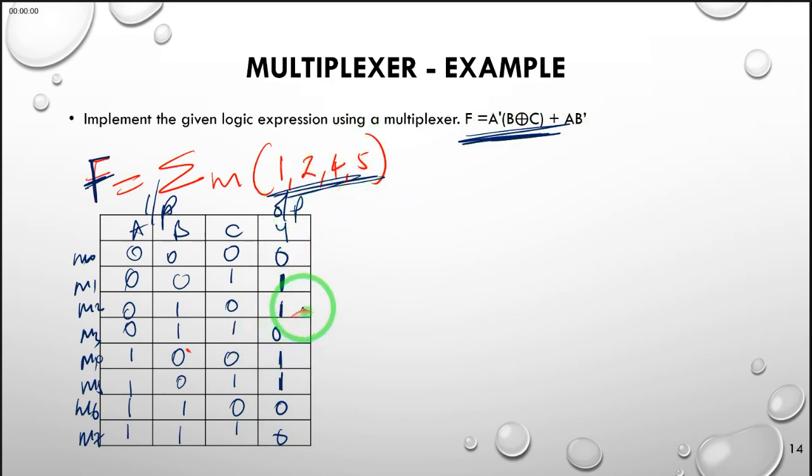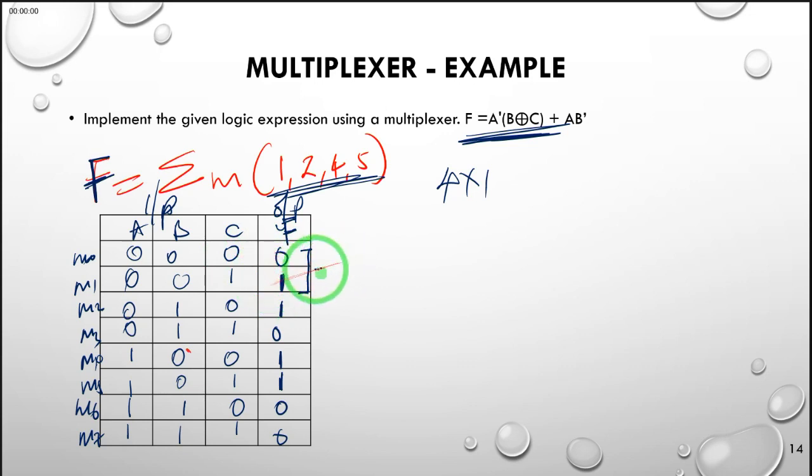So what we can try to do is that if we have only a 4x1 multiplexer, what we would need to do is try to associate our function or our output f with the least significant variable c. And once we do that, we can try to see how f changes with respect to c. We normally group them into two.